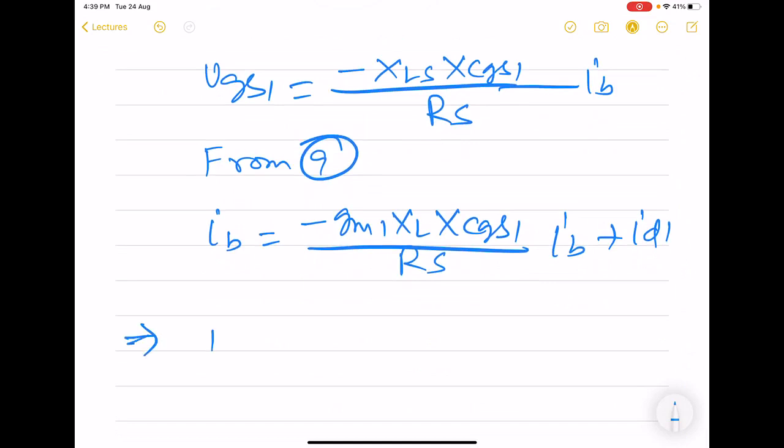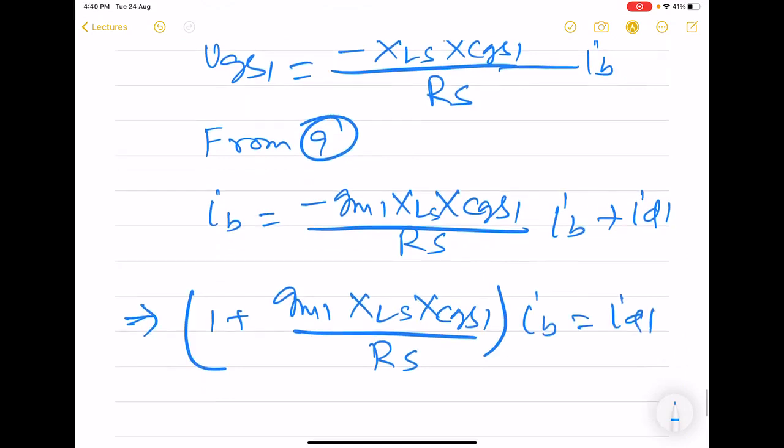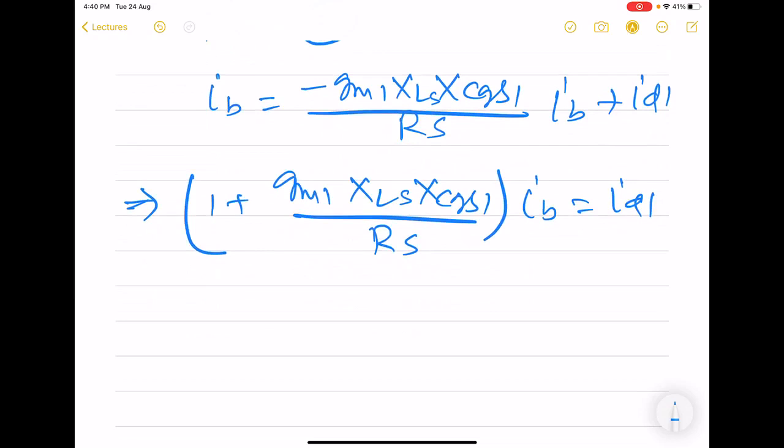So this becomes 1 plus GM1 XLS X CGS1 divided by RS into IB is equal to ID1. So here we need to see what is this? Can it be further simplified?